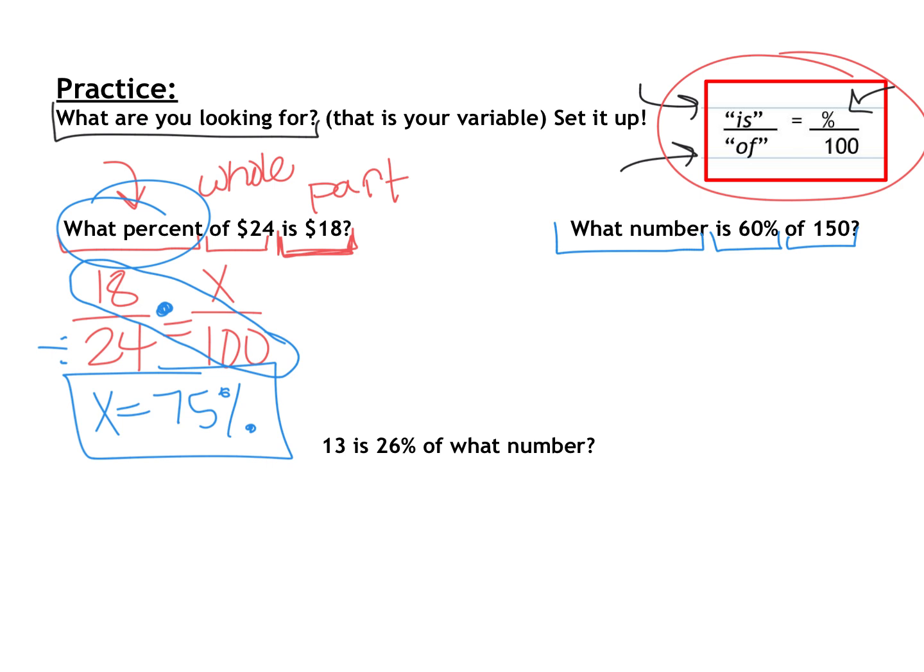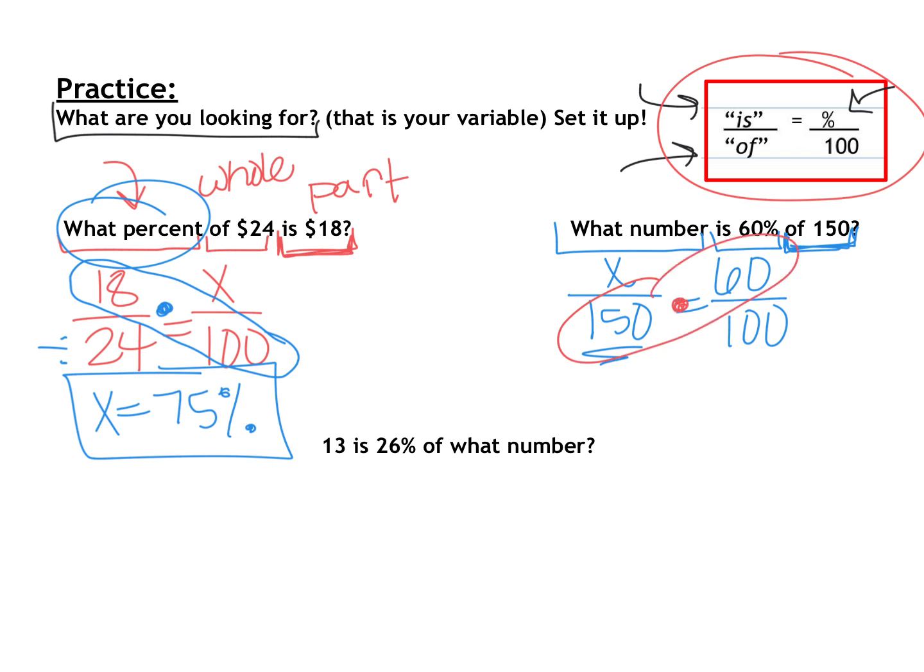So we don't know what the part is, so it's going to be x over 150, and then 60% is over 100, because we're taking 60% of 150. That's why that goes on the bottom there. So this time we're going to multiply 150 times 60 and then divide it by 100. And we will get x equals 90. So what that means is 60% of 150 should equal 90.